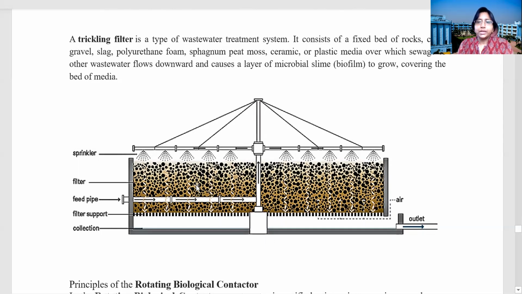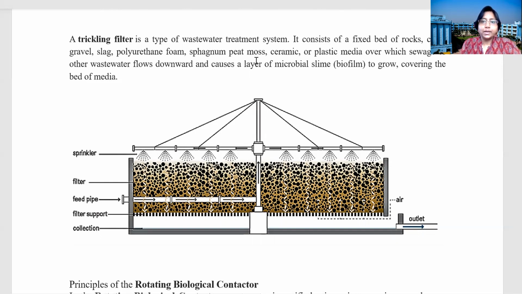Basically, we take this material in this place, and it is covered by a gelatinous substance which contains microorganisms. Microorganisms means different types of bacteria, protozoa, viruses, all these things. And here you can see the sprinklers.